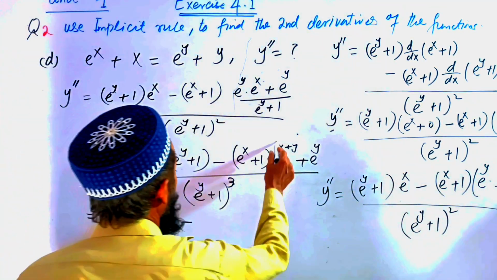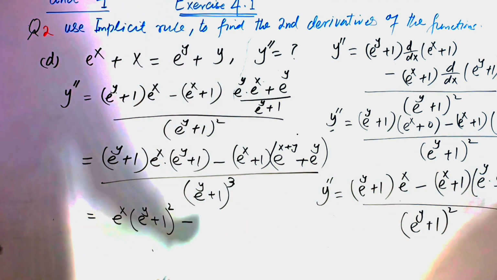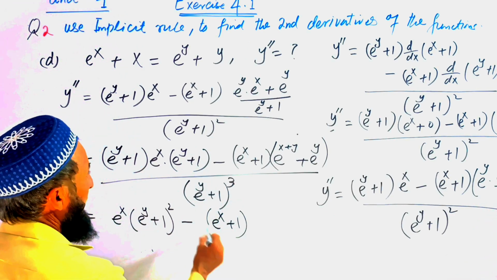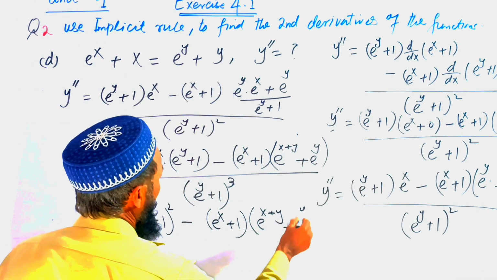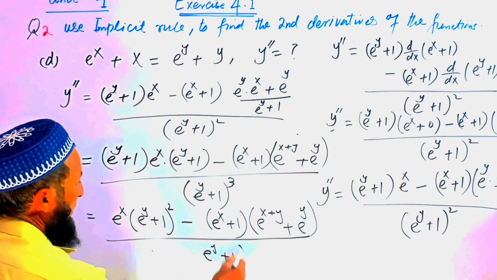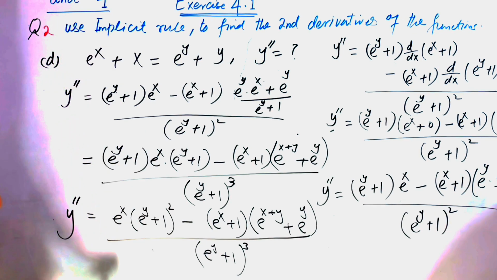So minus e power x plus 1 into e power x plus y plus e power y, divided by e power y plus 1 whole cube. Sir, this is the second derivative.